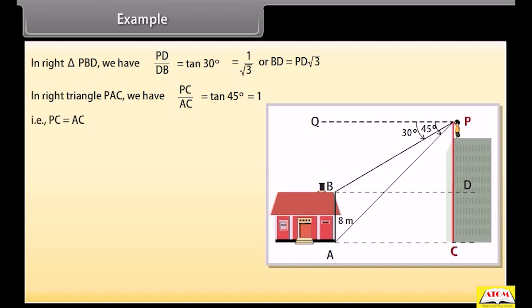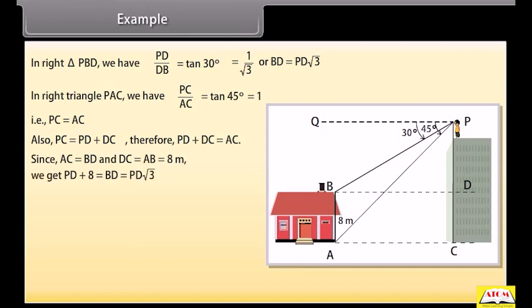That is, PC is equal to AC. Also, PC equals PD plus DC. Therefore, PD plus DC is equal to AC. Since AC is equal to BD and DC is equal to AB, which equals 8 meters, we get PD plus 8, which is equal to BD, which equals PD square root 3.